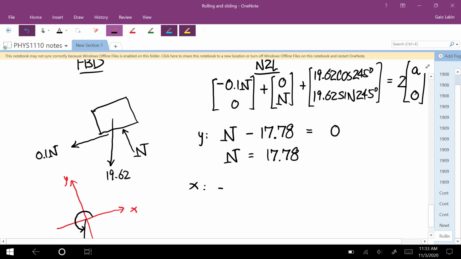So the x equation says negative 0.1 times this n value that we know now, 17.78, plus 19.62 times cosine of 245. That gives minus 8.29 is equal to 2a.